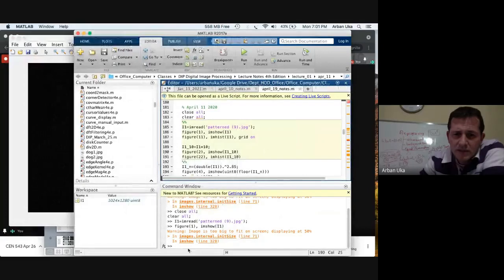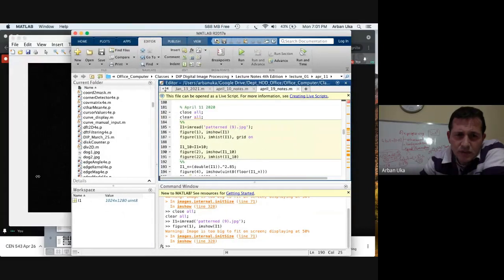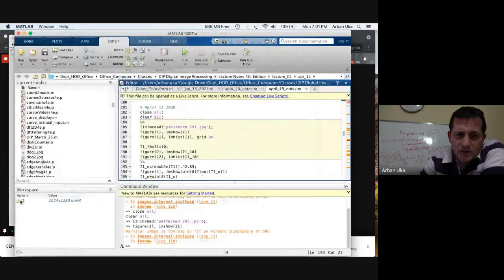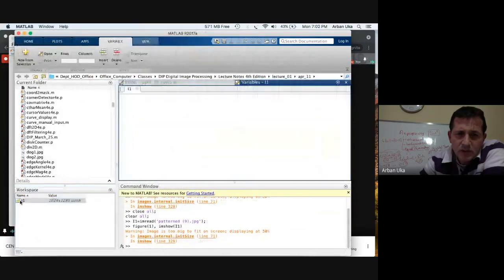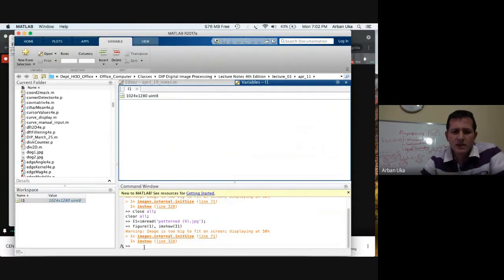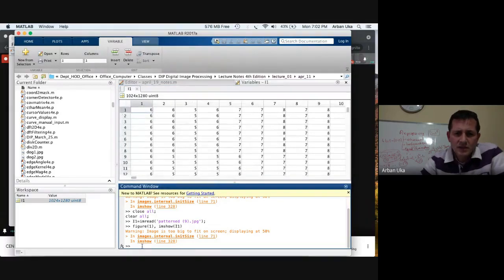And in fact, these values that we just read here, this is I1. Let's open this a little more. If we double click here, we see these variables, and let's see how many we have here. The number of pixels is 1024 multiplied by 1280.